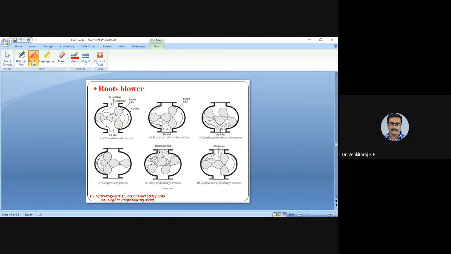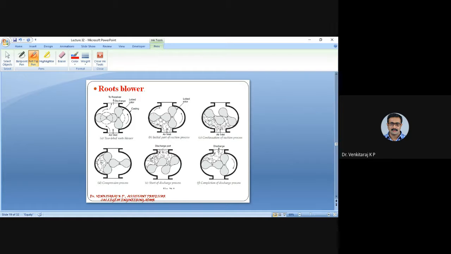So in the first diagram, you can see two lobes, and you can see that these two lobes are normal to each other. In the initial starting, I have shown these as two lobes mutually perpendicular. And in the second diagram, you can see that the inlet port is getting opened and air enters the spacing. ഈ രണ്ട് ലോബും കേസിംഗിന് ഇടയ്ക്കുള്ള സ്പേസിലോട്ട് എയർ എൻ്റർ ചെയ്ത് ഫില്ല് ചെയ്യും, ഇവിടെ ഫിൽഡ് ആവും.